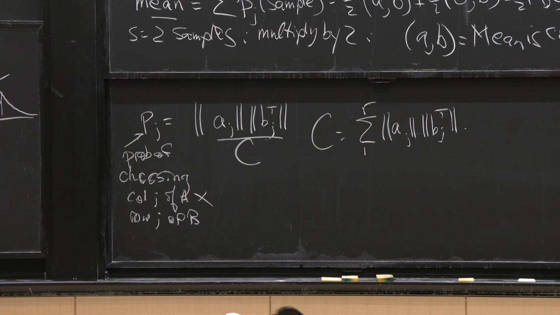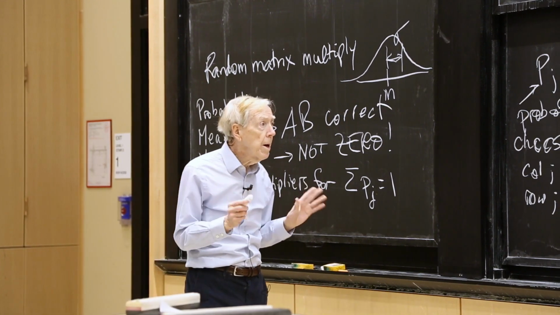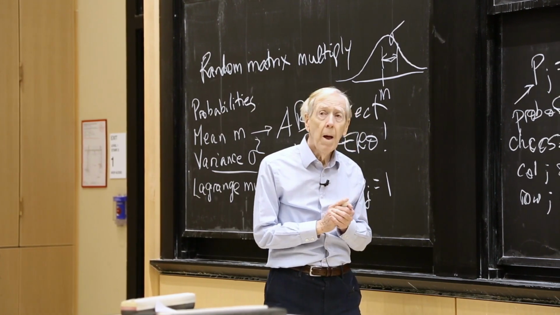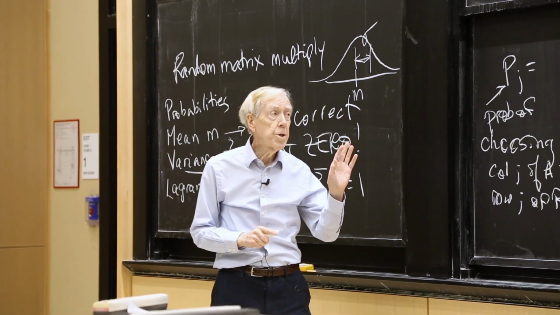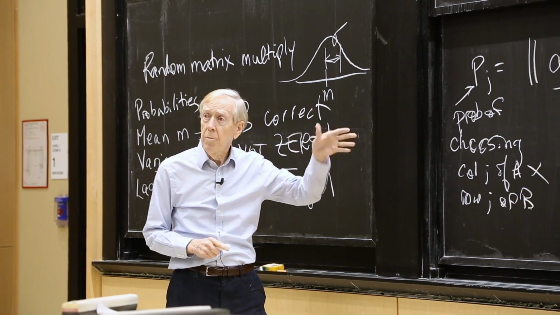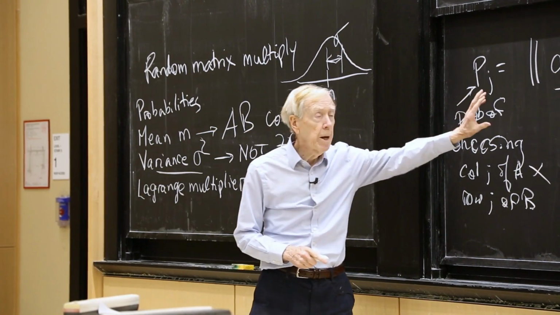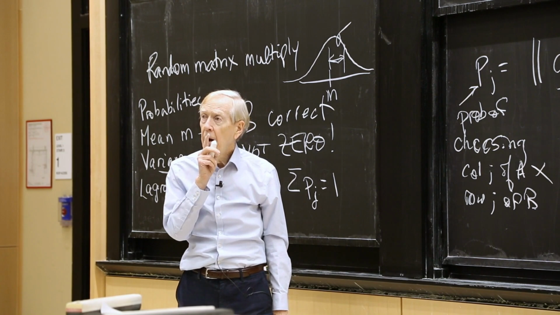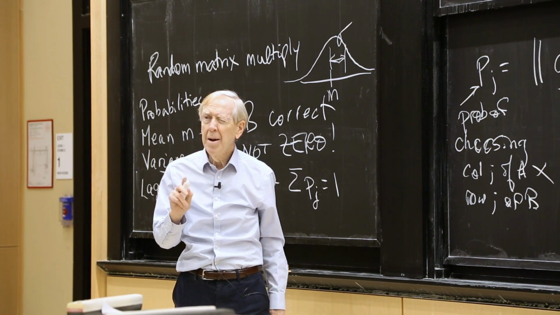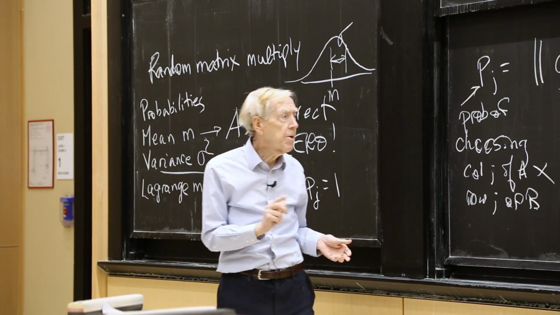I'm ready to choose. So here's my rule. I will choose column row J with this probability. But then I'm going to multiply it, and I'm free to do that if I want to.